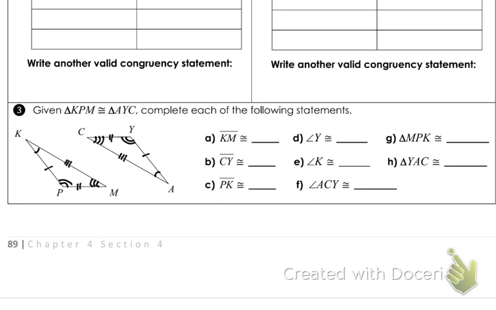Now, if I put this on the test, you have 2 options for how to answer this. You could look at the pictures, or you could just look up here at the letters. I like looking up here sometimes, because if it says K to M, first letter, last letter, that should be AC.